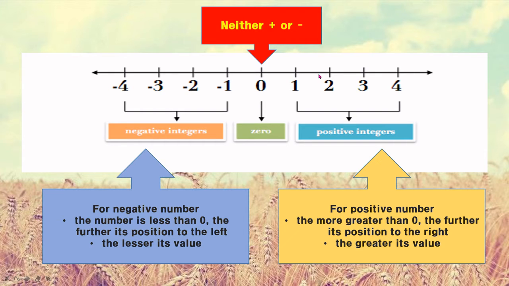Dia adalah secara neutral. Although a positive integer may appear with or without a sign, 0 is not the same thing. Actually it's not. Our 0 is not positive and not negative. So please remember this one.